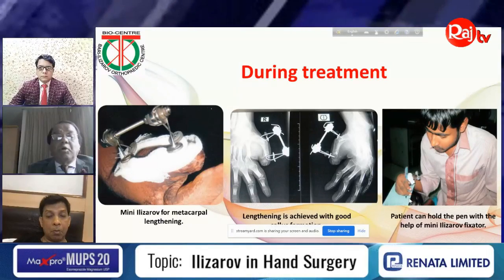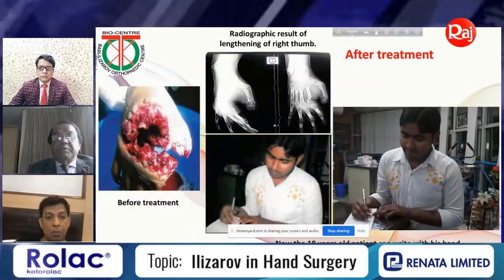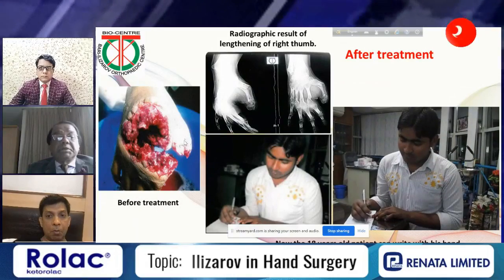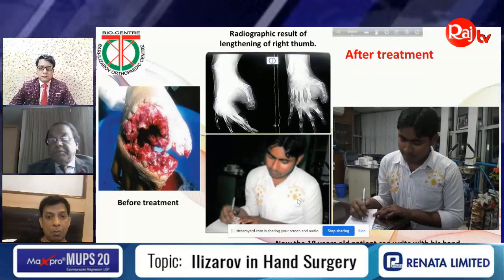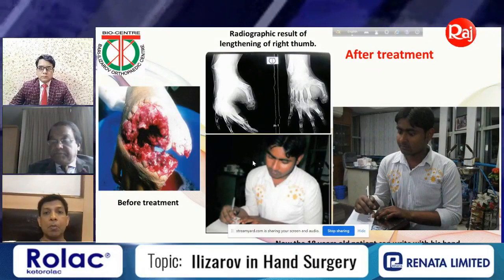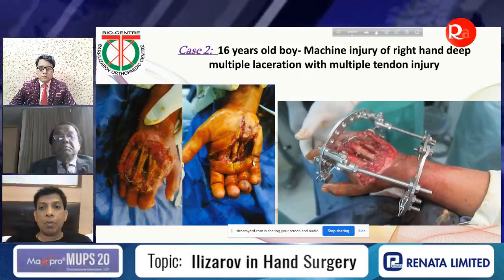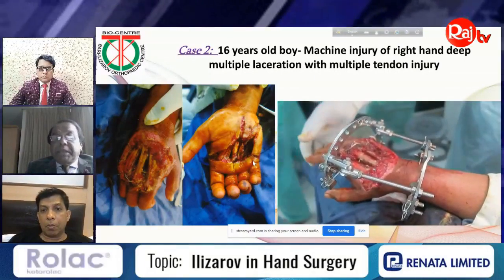You can see all was corrected and lengthening of the thumb was done. And so now see, you can write, the 18 years old patient, with his hand. This is before and this is after. Now, you can see here, it's a very bad case.